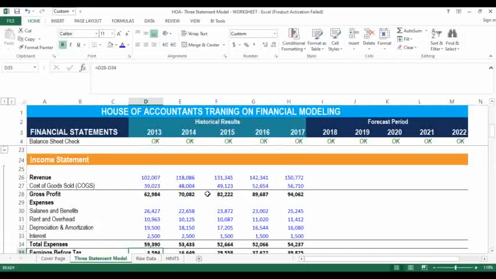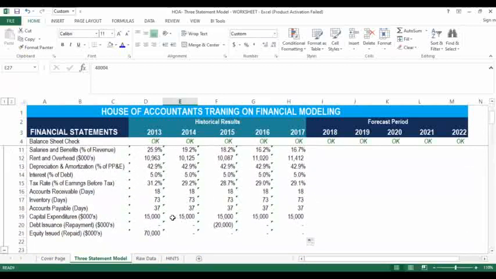So if you want to advise them now, they should be able to manage that cost in such a way that the cost will not grow as the revenue grows. So you have so many areas you can advise, you can put in your management report, that will actually help the management or the company you are working for.